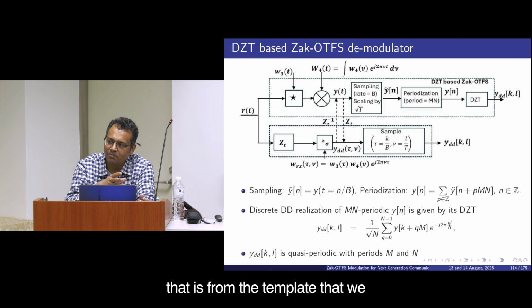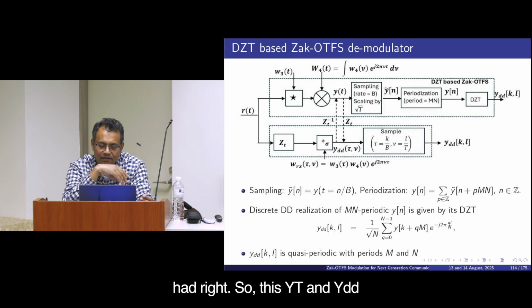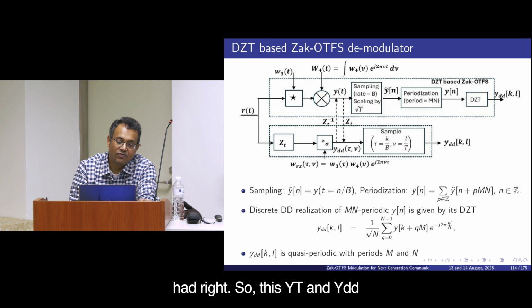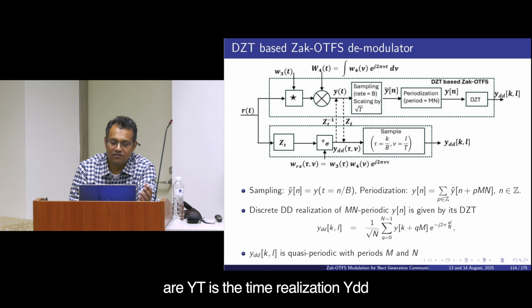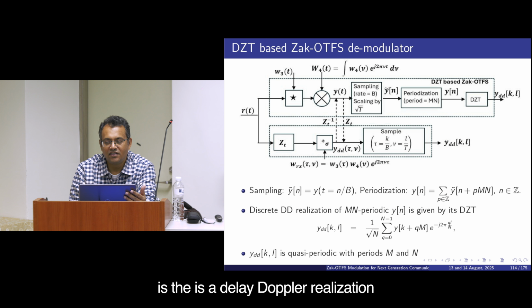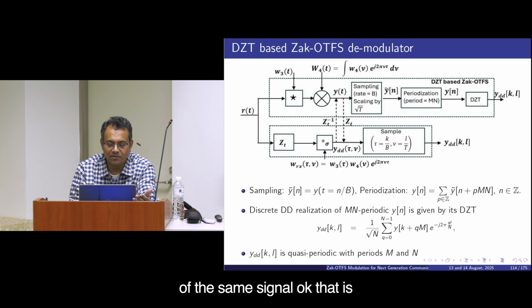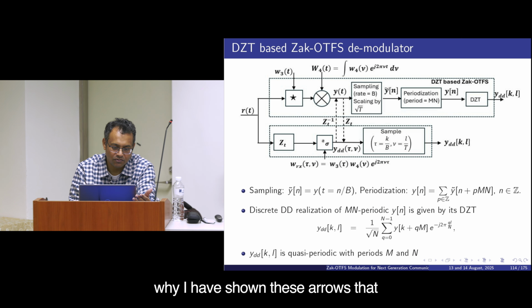I mean that is from the template that we had. So y(t) is the time realization, y_DD is the delay-Doppler realization of the same signal, okay. That is why I have shown these arrows.